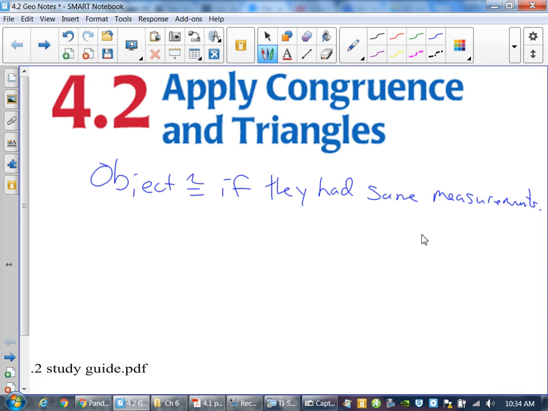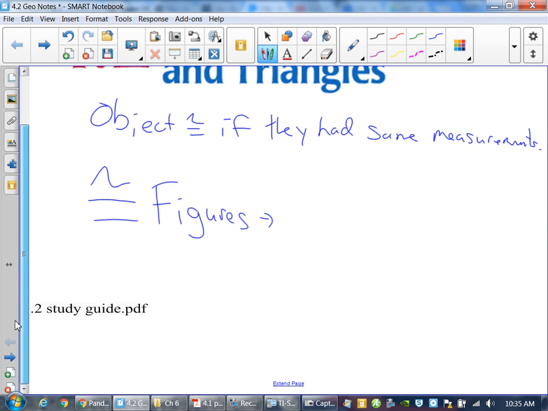Well, when we get into shapes and figures, they have to be the same shape, and when we talk about congruent figures, all of the corresponding parts are going to be congruent to each other. Congruent figures have all corresponding parts congruent.